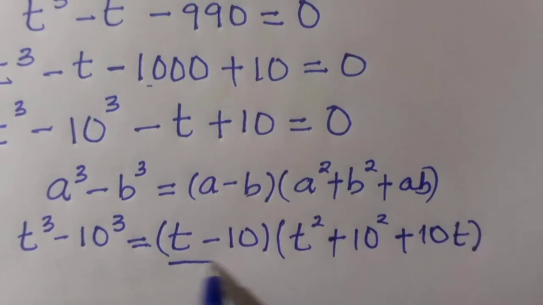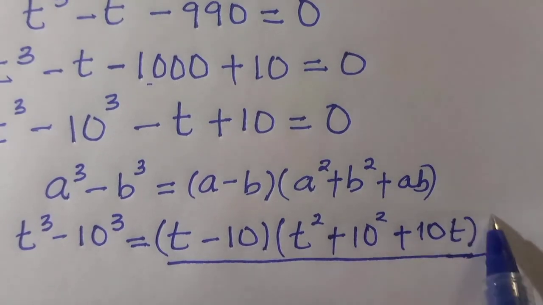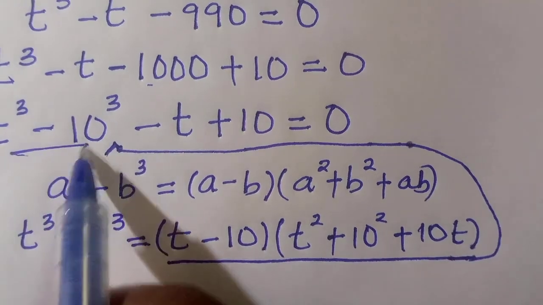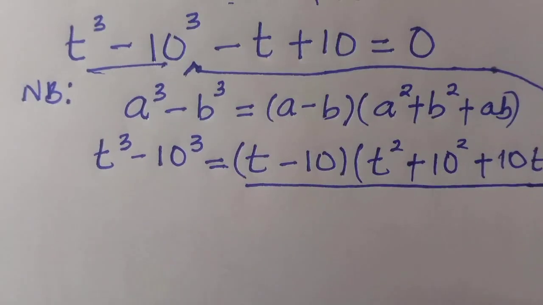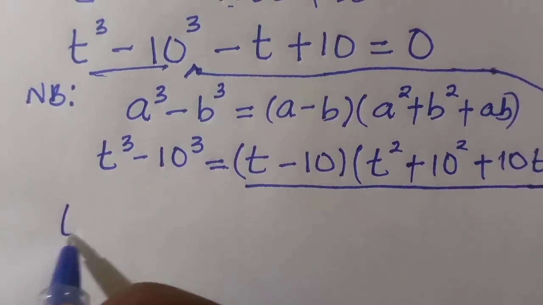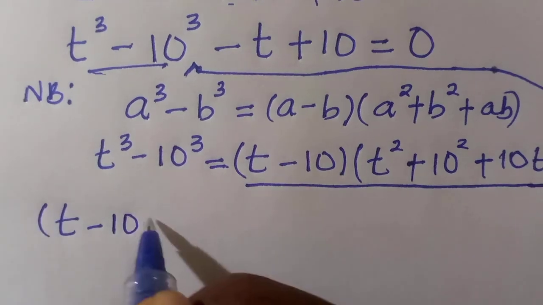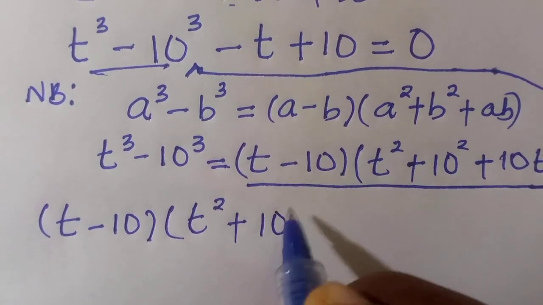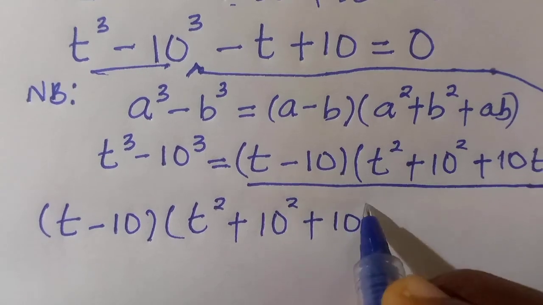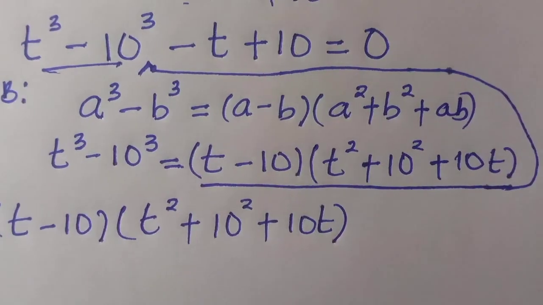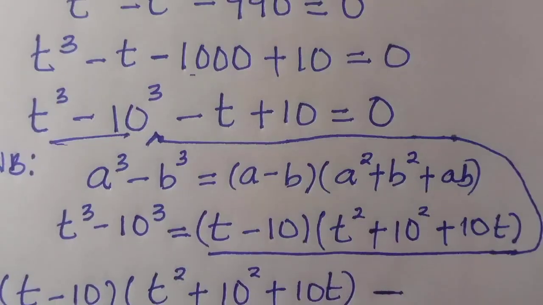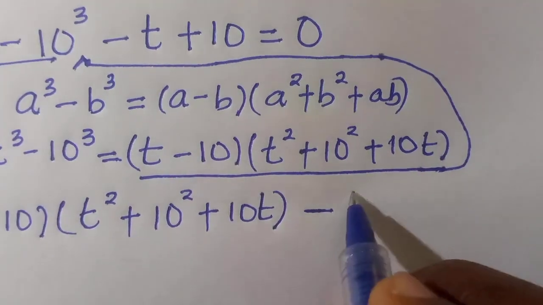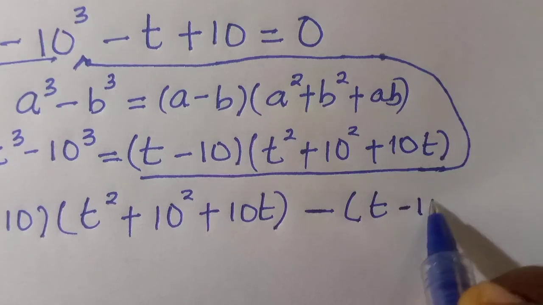On getting this, we are going to replace it. Coming from this line, which is T to the power of 3 minus 10 to the power of 3, we are going to replace that one with all this identity. So here we have T minus 10, open bracket, T to the power of 2 plus 10 to the power of 2 plus 10T. And also we have minus, by taking out minus from minus T plus 10, we are going to have this in parentheses, which is T minus 10.